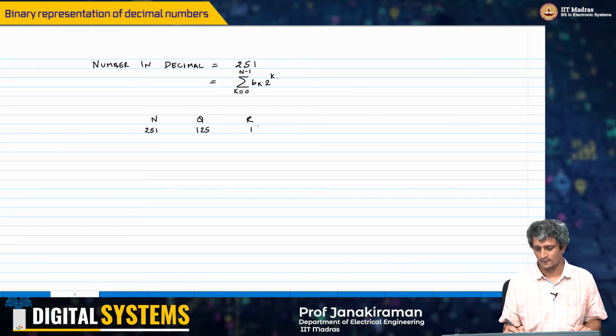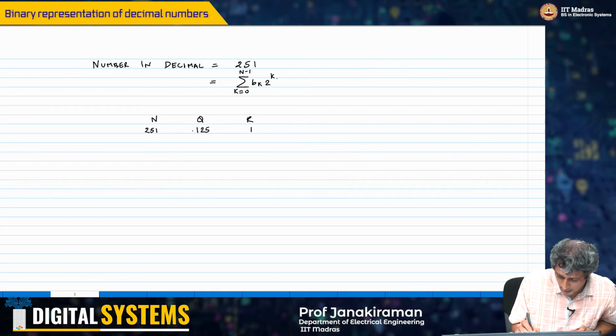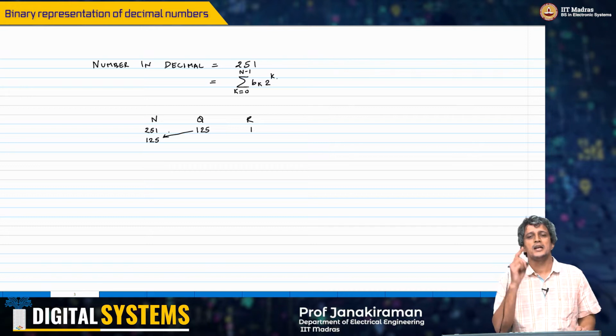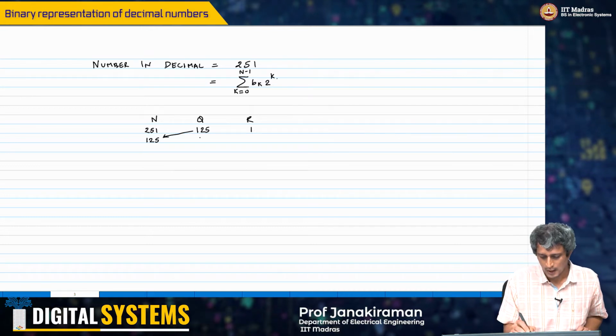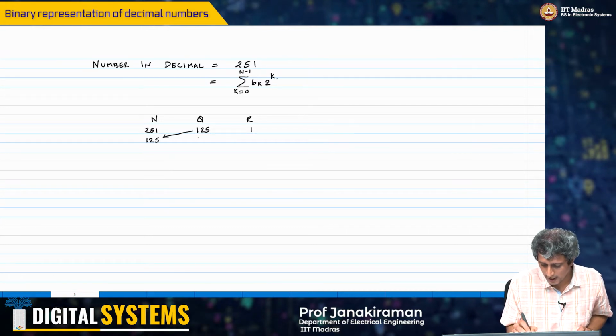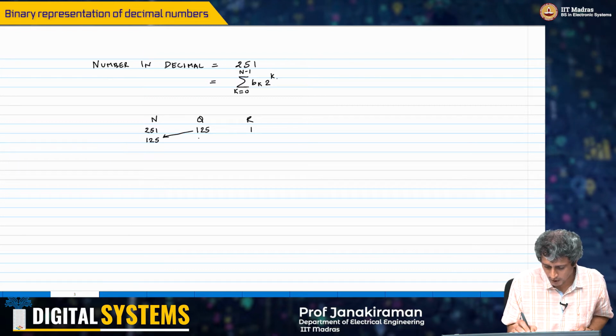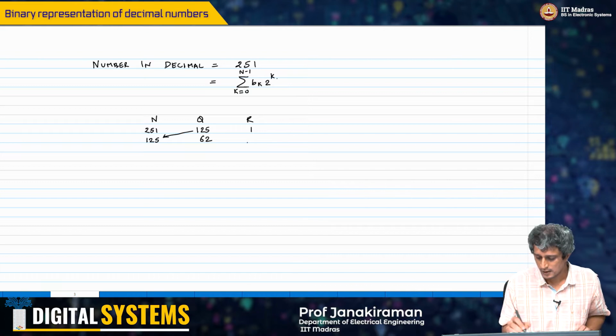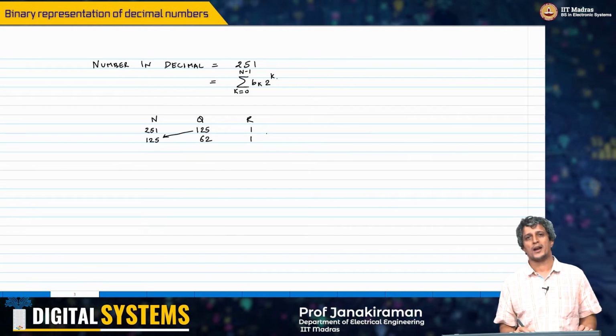Now I take 125 and again divide by 2. What is the answer? I get 62, because 62 times 2 is 124, and I get a remainder of 1.